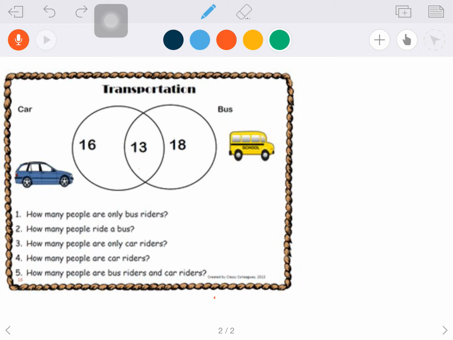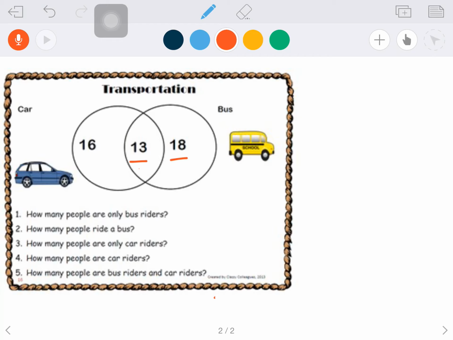Next, we'll be using that concept if we are given already a situation. This is a situation on transportation. You're given two sets: the set of people who ride cars and the set of people who ride buses. Take a look at question number 1. How many people are only bus riders? Now take note, this is the set where people are said to be bus riders. You have 18 and together with that is 13.